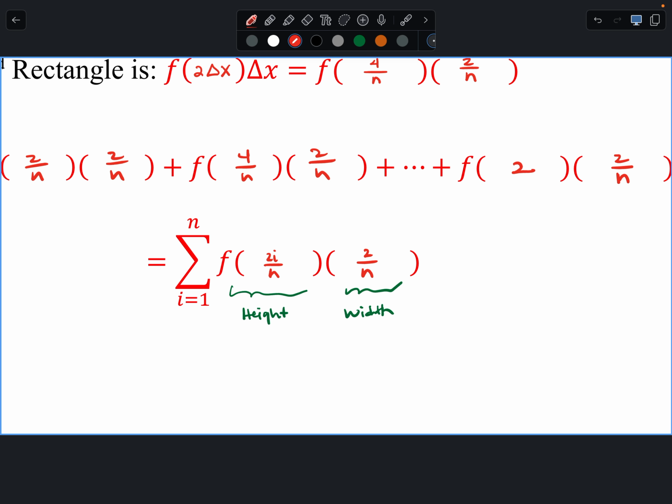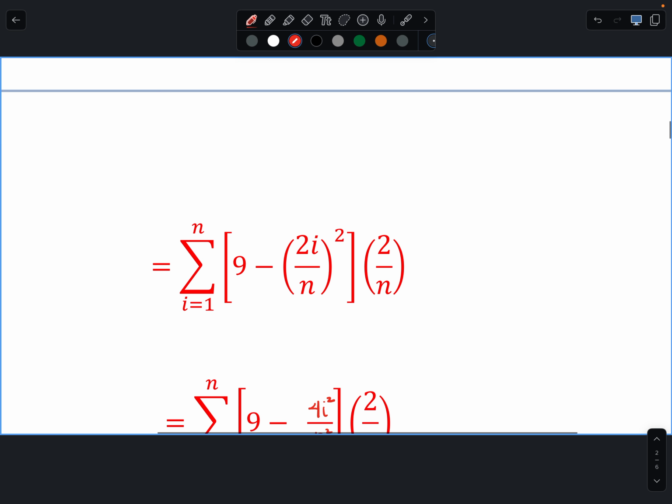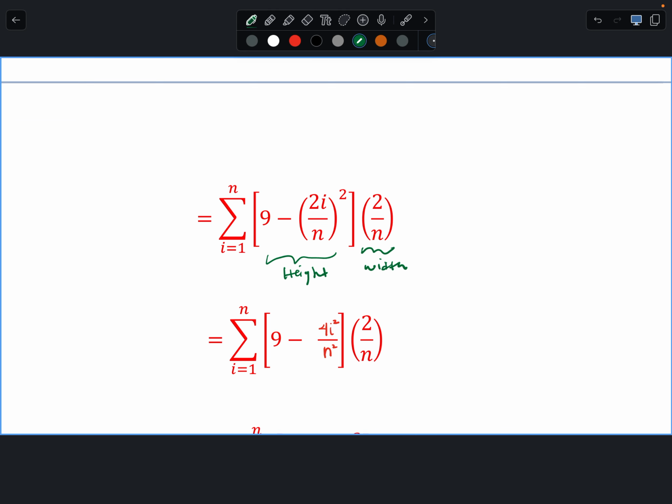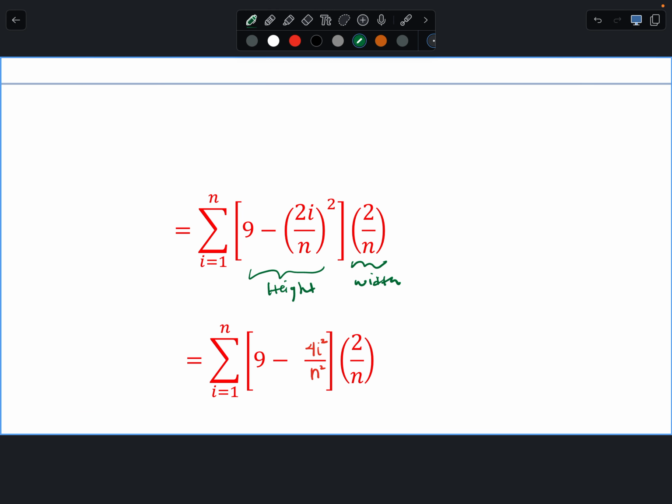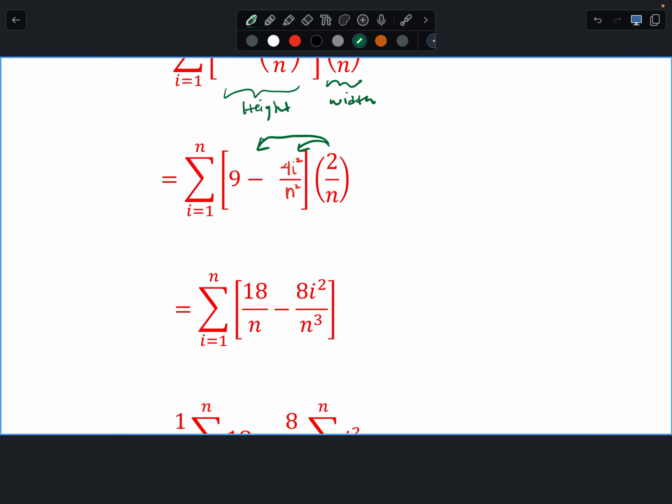So what we've just come up with is a function for this particular function that can calculate the lower sum on this specific interval from 0 to 2. So you can plug in different values for n, which would represent different numbers of rectangles that you would want to use in order to approximate the area.